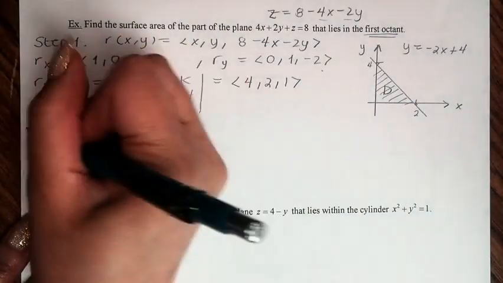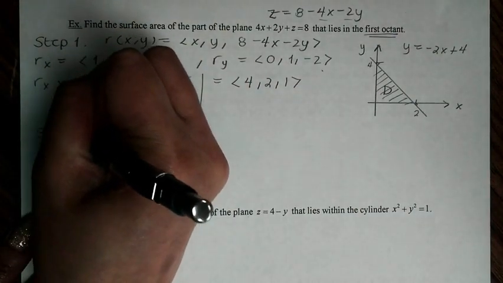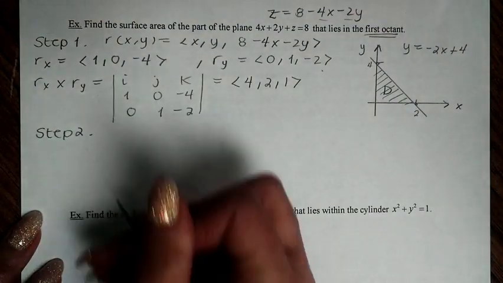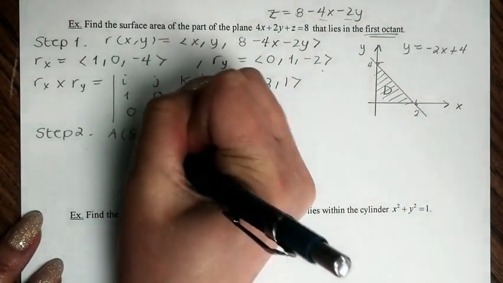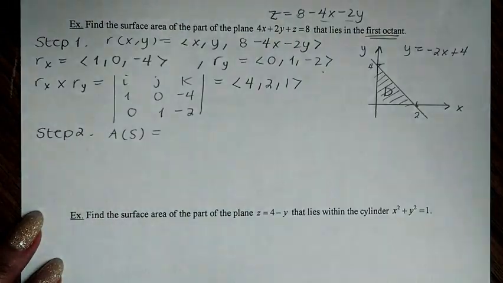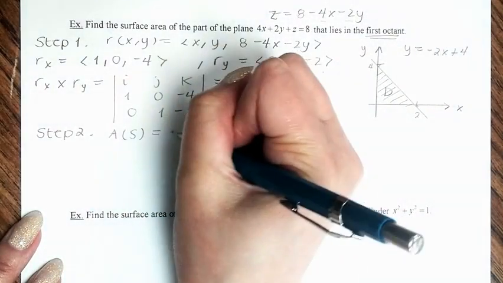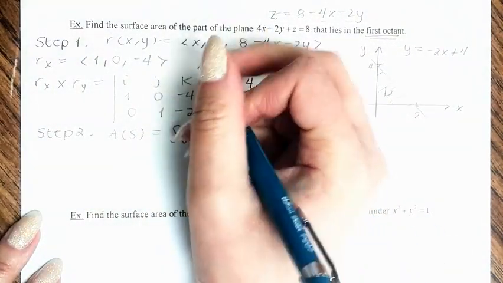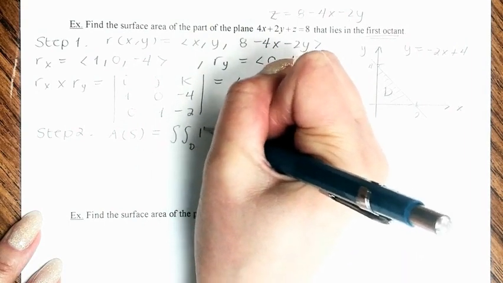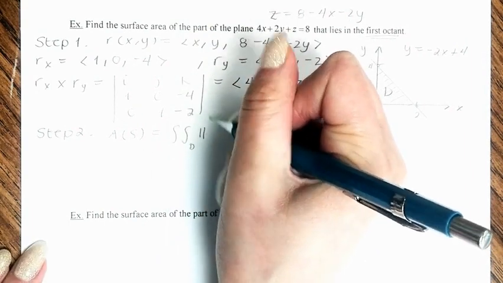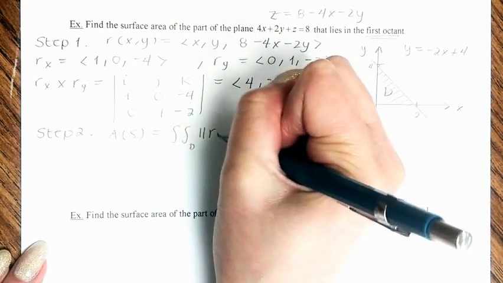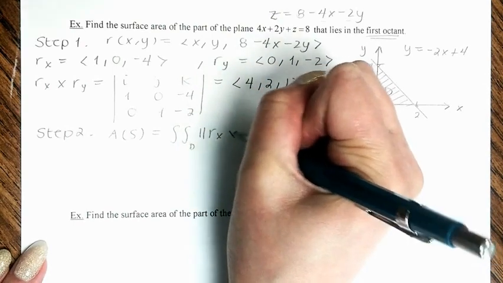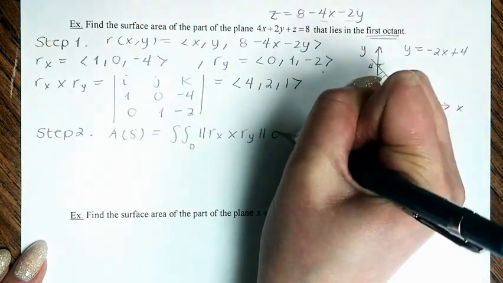Step 2, so you have it organized: you actually find the area. What's going to be the area? The formula tells you it's the double integral over this region D of the magnitude, or the norm, of this cross product, dA.